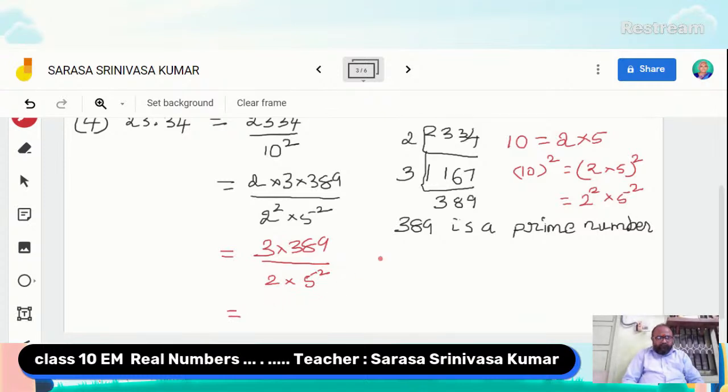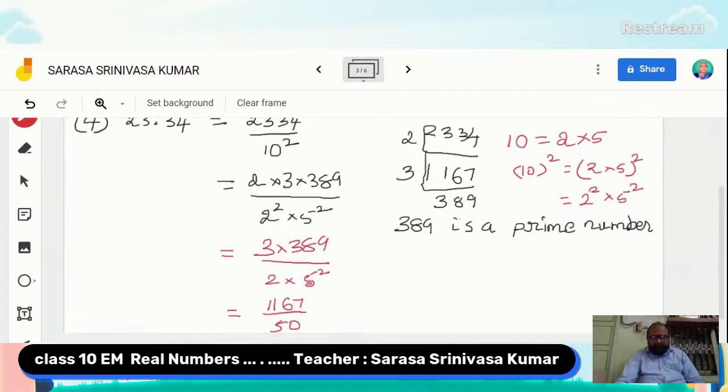That is equal to 3 multiplied by 389, it is 1167, divided by 5 square is 25. 25 multiplied by 2, it is 50.